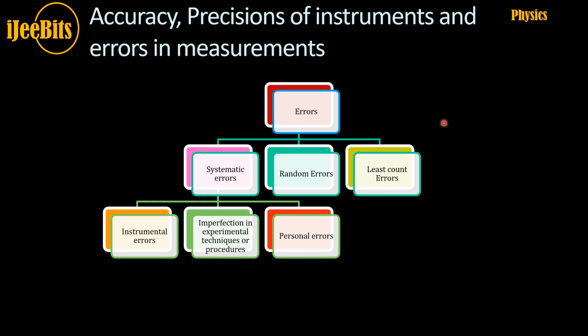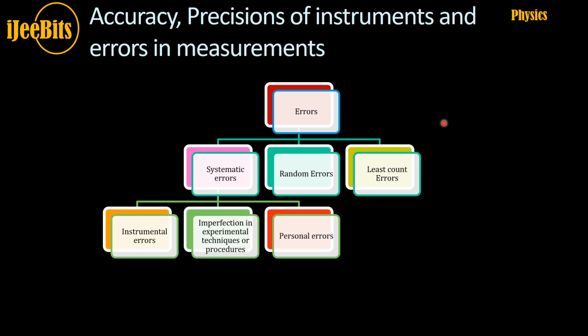Accuracy, precision of instruments, and errors in measurements. I think we studied this part before. Let's recap. Measurement is the foundation of all experimental science and technology. The result of every measurement by any measuring instrument contains some uncertainty. This is what we call an error.